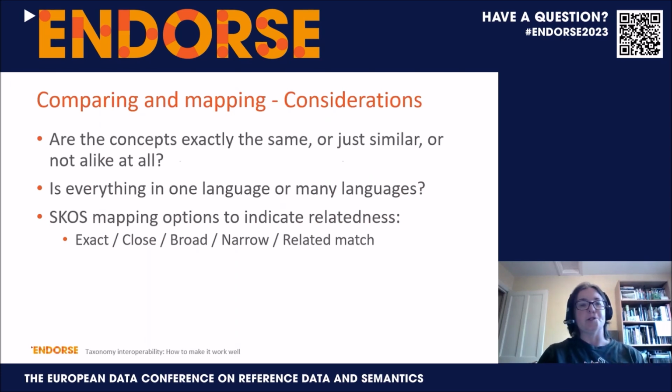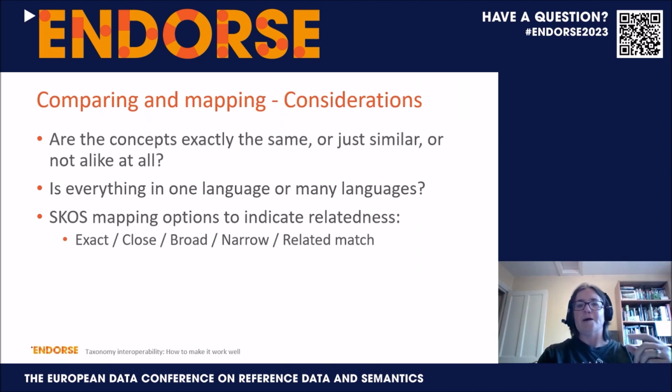And then just to touch on SKOS, I love the SKOS standard for managing taxonomies, and that's got some really nice properties defined to help you indicate the level of relatedness between two concepts, so that it's not just a binary same thing. So you can say that something is an exact match, but you've also got a close match for something that's almost there but not quite.